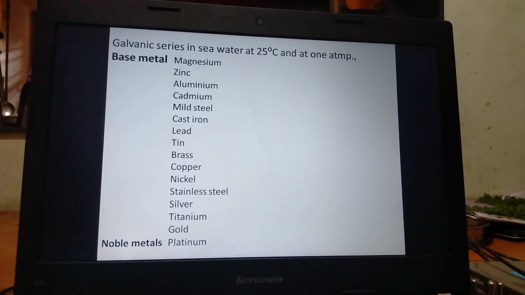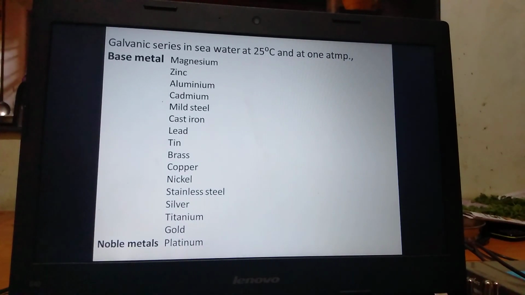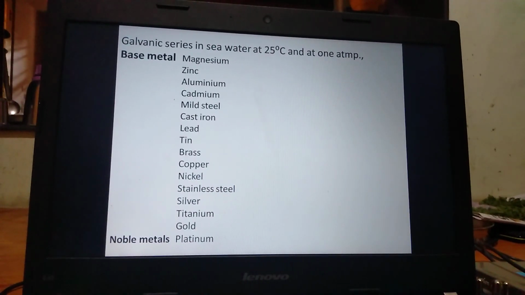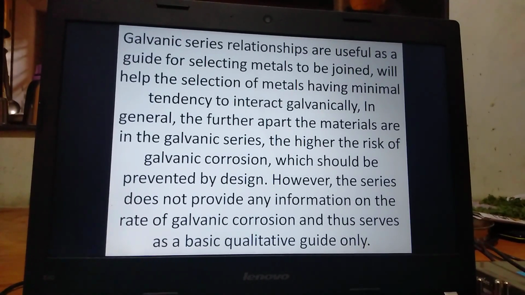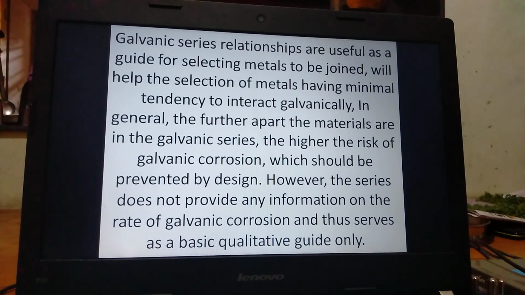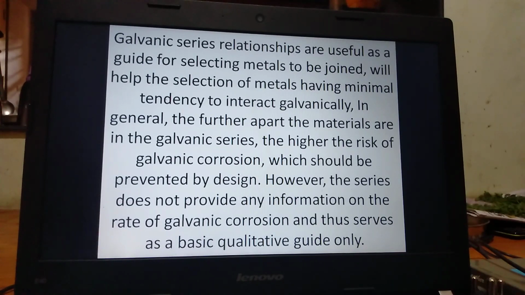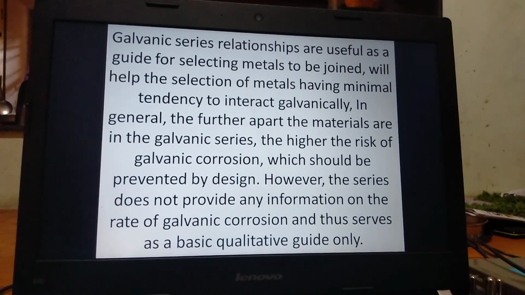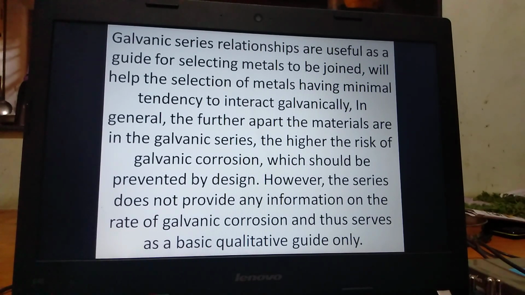Some important characteristics of the two series are summarized below. In the electrochemical series, E0 values are measured for pure metals dipped in their solution without any oxide films on them. The galvanic series, on the other hand, is developed by studying corrosion of the metals in the environment without removal of their oxide films.